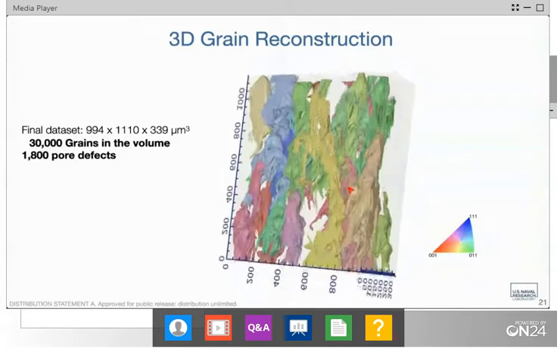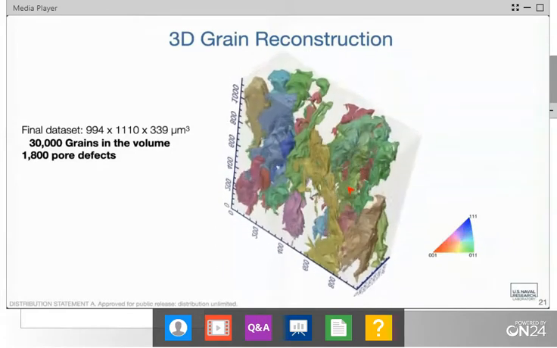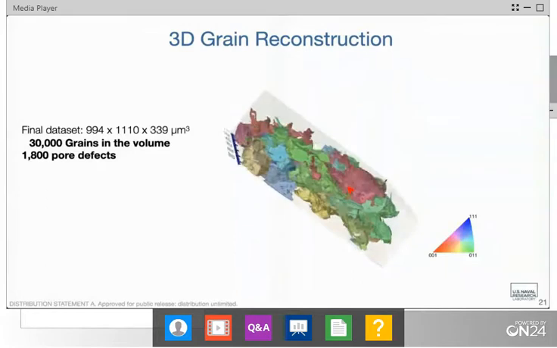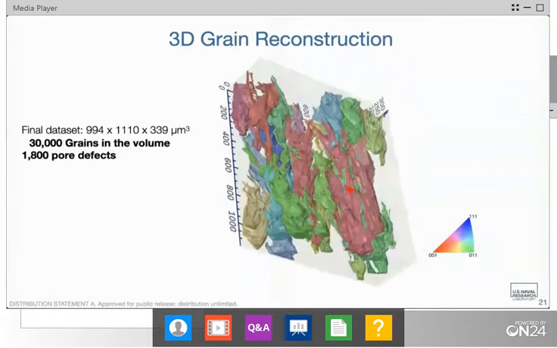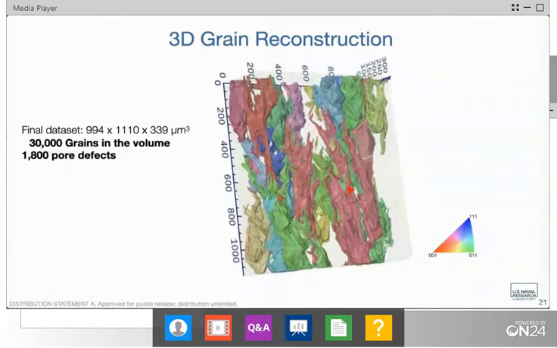We thought for sure that within this volume, we'd have enough data collection that we wouldn't have a lot of grains hitting the outside edge. But what's surprising is that there's a large number of grains that are actually extending over 1 millimeter in length. We can see them span from one side of the reconstruction to the other. So again, this was a surprising result, but it was something that was very interesting.